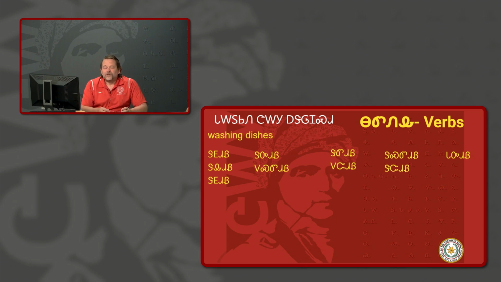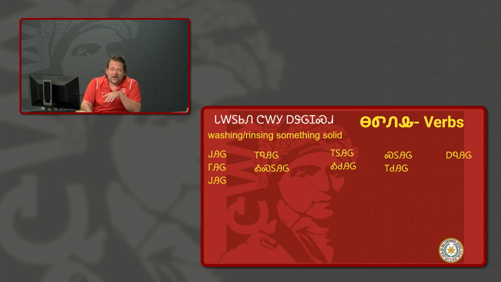All right, so this is for washing dishes. For some reason, when you talk about washing dishes, this is the verb that most speakers prefer to use, okay, rather than the one we just talked about.